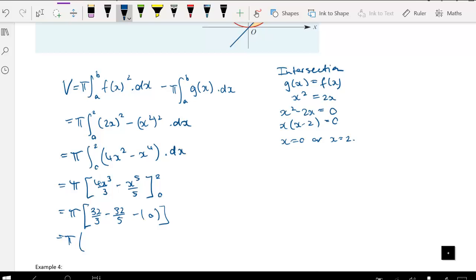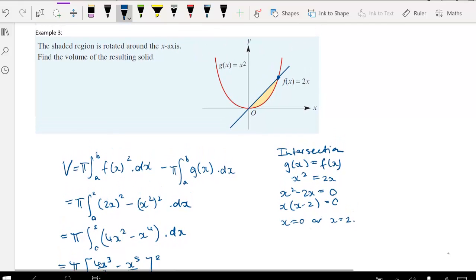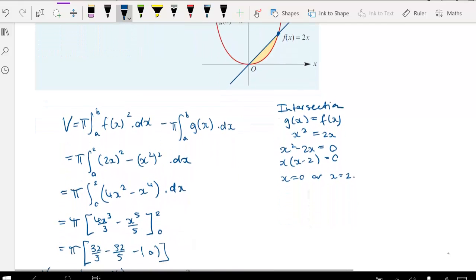So 32 multiplied by 5 is 160 on 15. And 32 multiplied by 3 is 96 on 15. So we end up with an answer of 64 on 15 pi units cubed as our volume of revolution between those two functions and the intersection points.